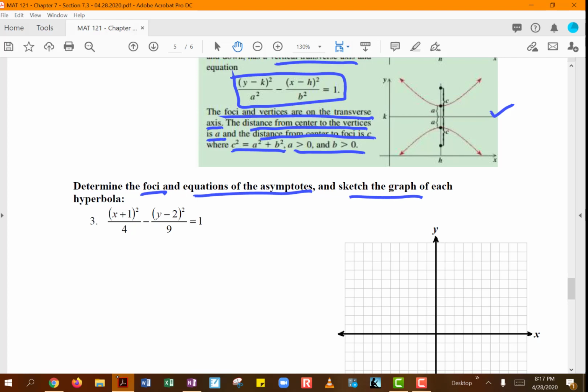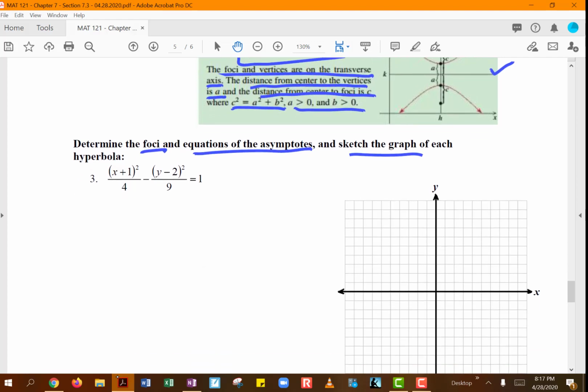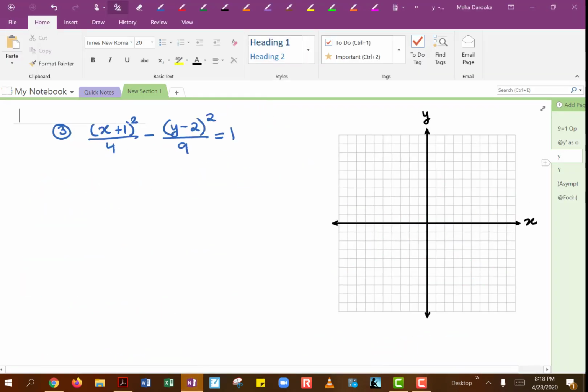So let's go ahead and take a look at example 3 over here. The first thing we want to do is find our center. You can see we have x plus 1, so that tells us our x coordinate is going to be -1, and we have y minus 2, so our y coordinate is going to be positive 2.